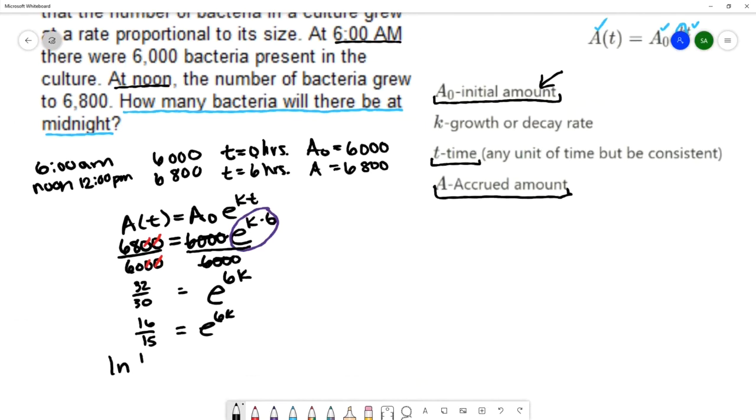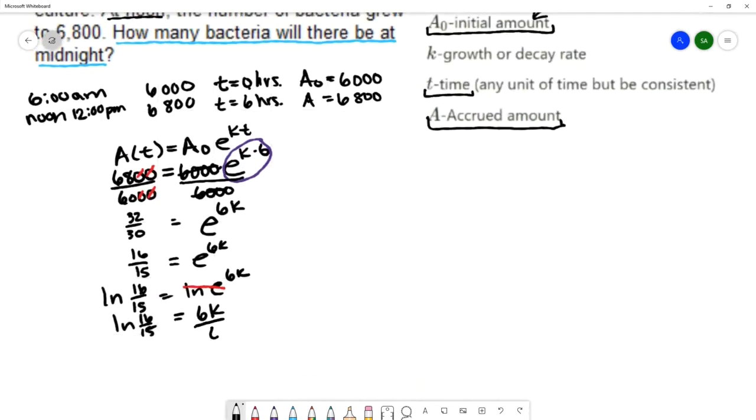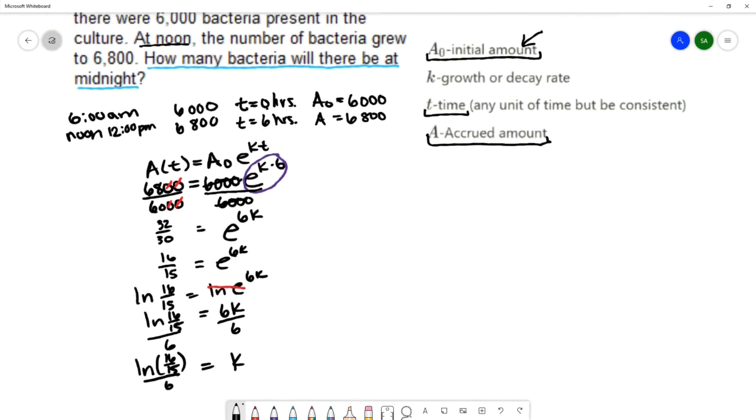Take the natural log on the left, and the natural log on the right. Natural log and e are inverses of each other, so they cancel each other out, giving us 6k. And finally, I'll divide by 6 on both sides. That gives k equals natural log of 16 over 15, all over 6. So we now have our growth rate for the bacteria.